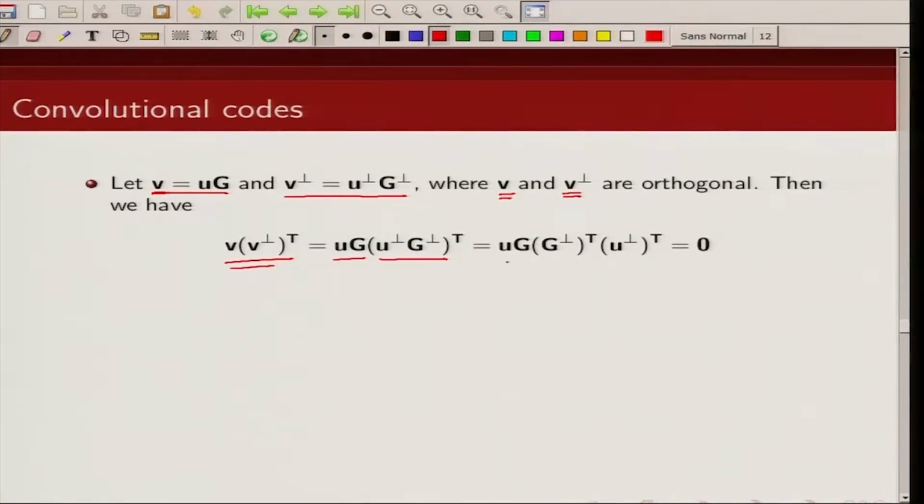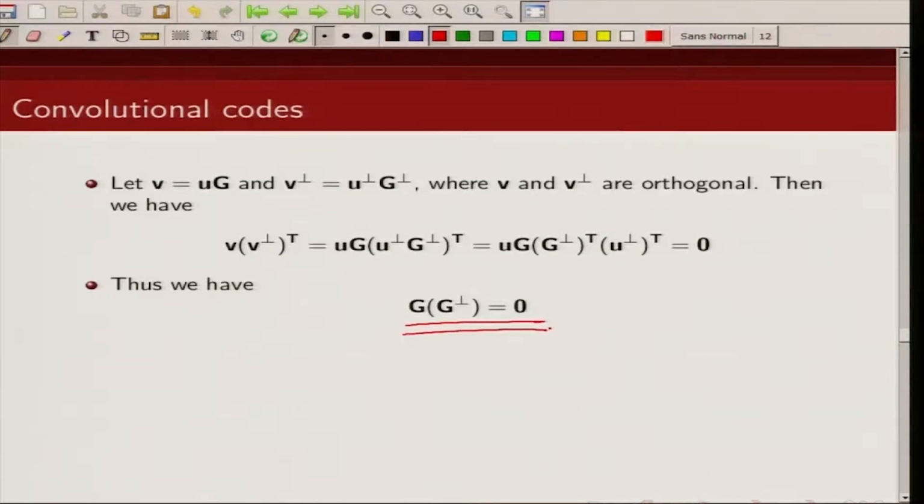This term will be 0 for all U only if G G dual transpose is 0, and hence we get this condition that this should be 0.